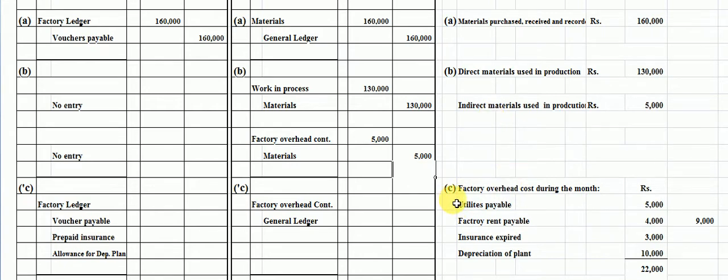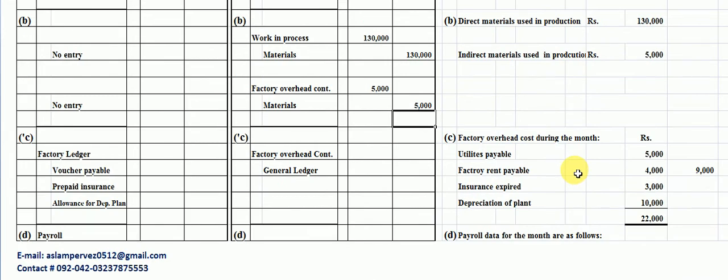And the C part, factory overhead cost during the month. Student, this is the cost which occurred in the factory. This cost is charged to factory overhead control in the book of factory office.